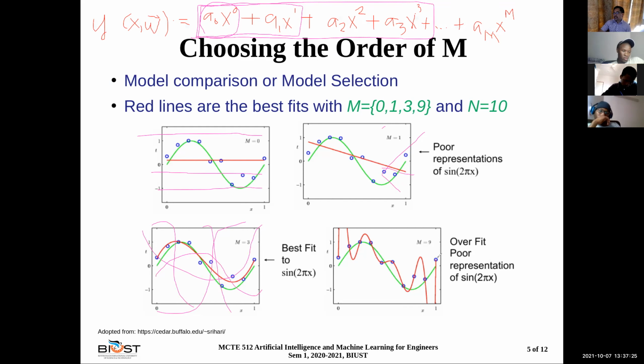Now, if we increase the m, for example, in this case m is equal to 9, you see that all the points go through the function, which is the red line. But then it's called overfitting because, yes, it fits the points, but beyond the points, the estimation is very bad. For example, at this point here, it doesn't estimate very well.